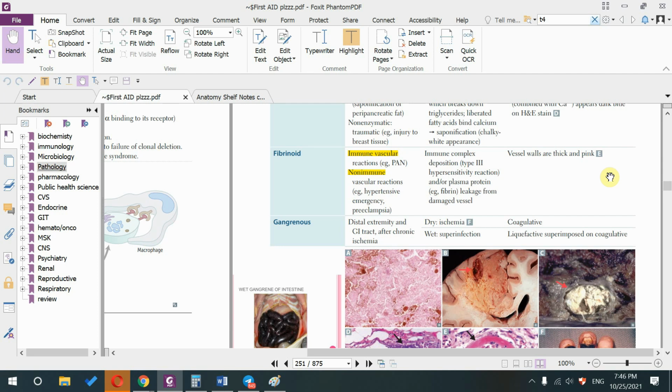So inflammation of the vessels in polyarteritis nodosa can lead to fibrinoid necrosis. Please know the association of PAN, which is polyarteritis nodosa, with hepatitis B. They always ask it. At the same time, know that it's a systemic disease that does not affect the lung. And I repeat, it does not affect the lung. Because if they give you any patient with vasculitis with lung involvement, it's not polyarteritis nodosa, it's something else.